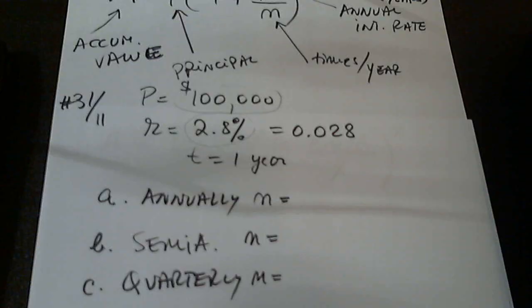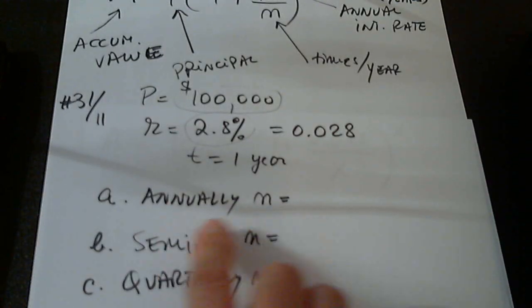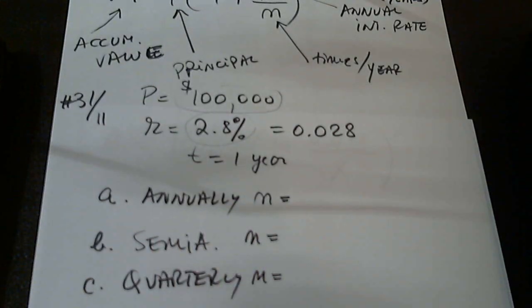Sorry, can you repeat the question? Yes. What does n equal in the annually situation? Interest compounded annually. How many times is that? What is n? Would it be 12? Annually.